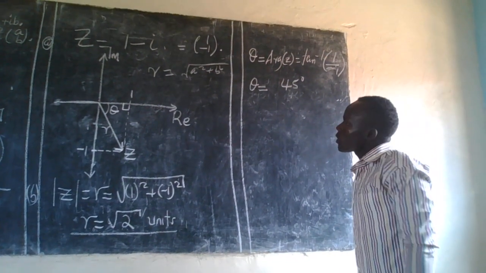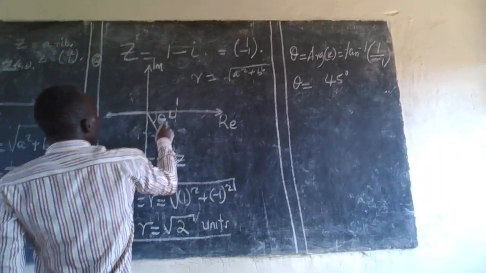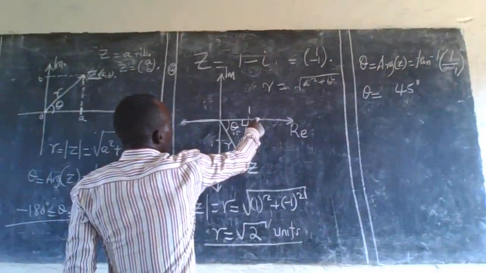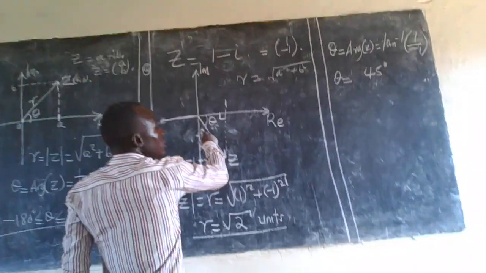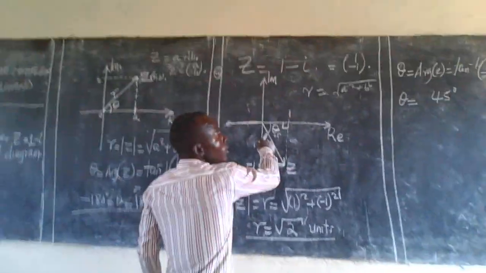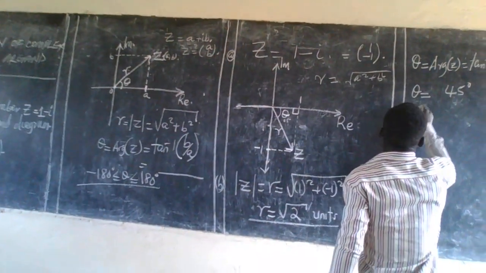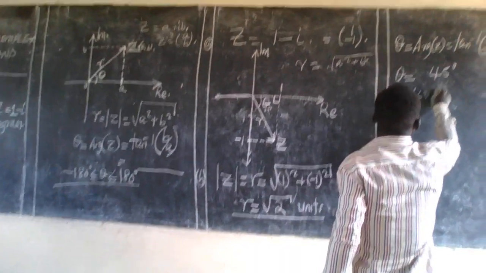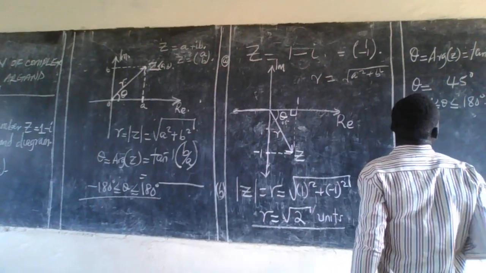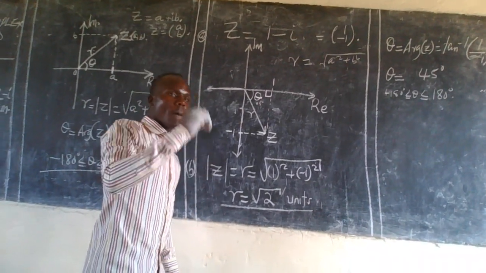So at 45 degrees, if we put 45 here, we can read from here up to here, but this is wrong, because the argument should be given from negative 180 degrees less than or equal to theta less than or equal to 180 degrees, and it must be in radians, in terms of pi.